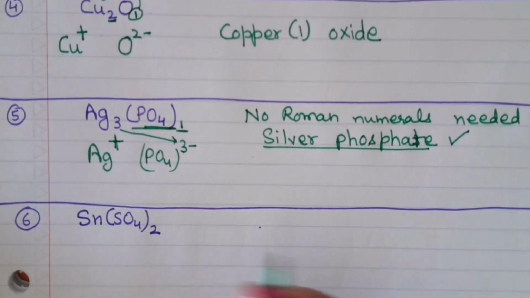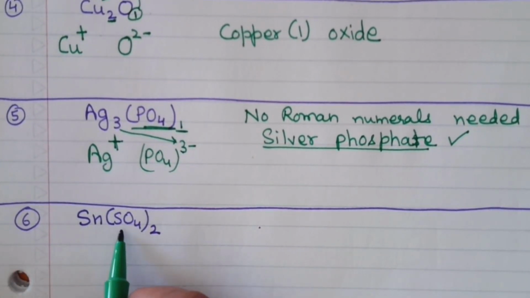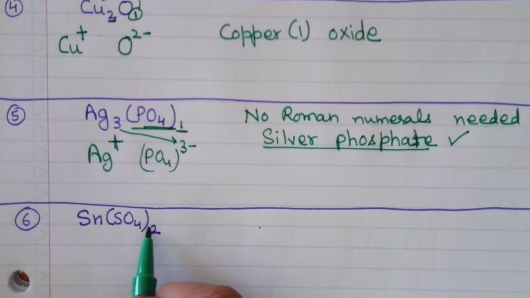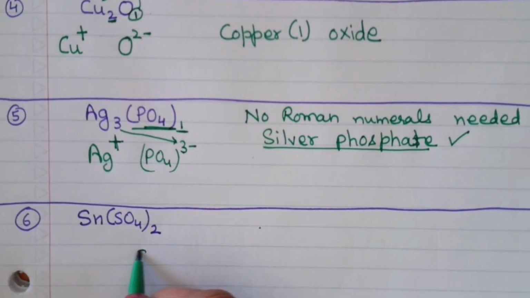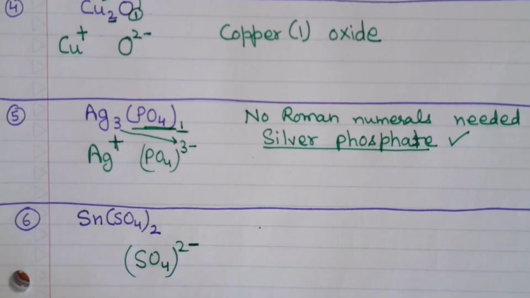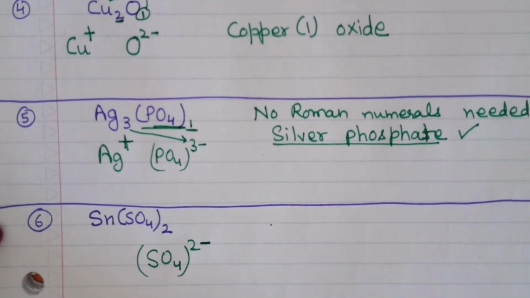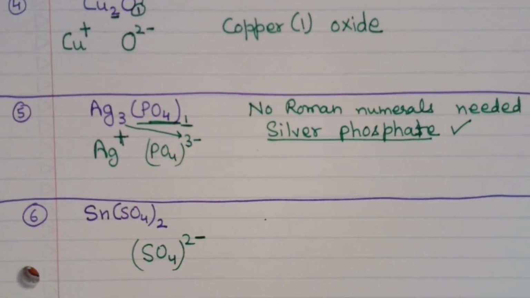Now let's do this last example, Sn(SO4)2. I know sulfate has a charge of 2 minus. Now look, this one is a little tricky.